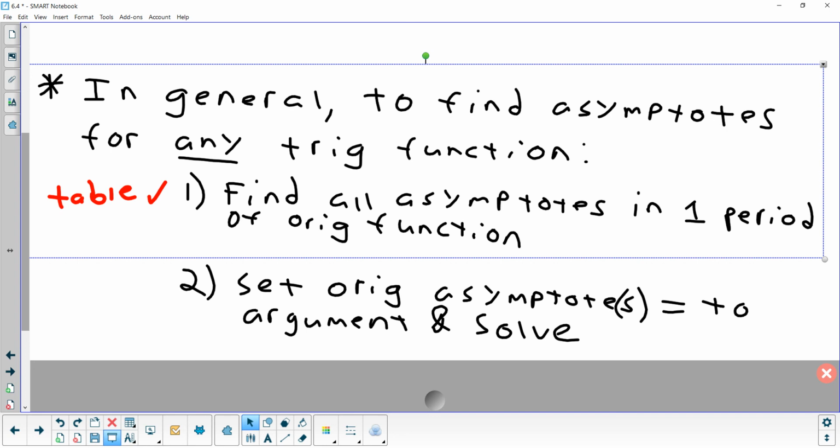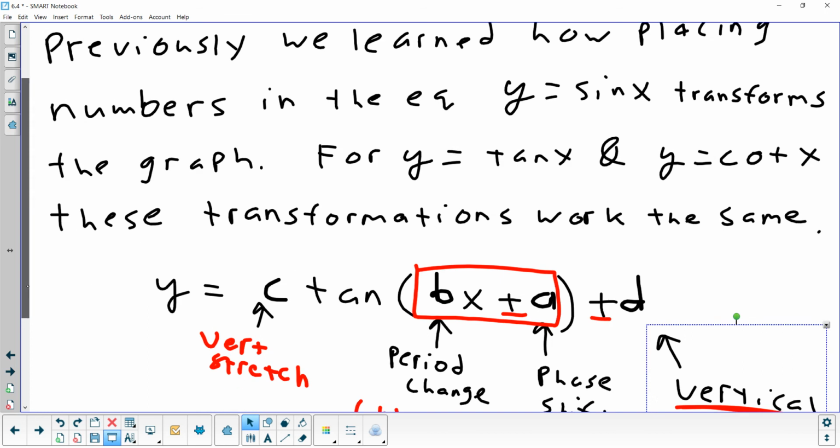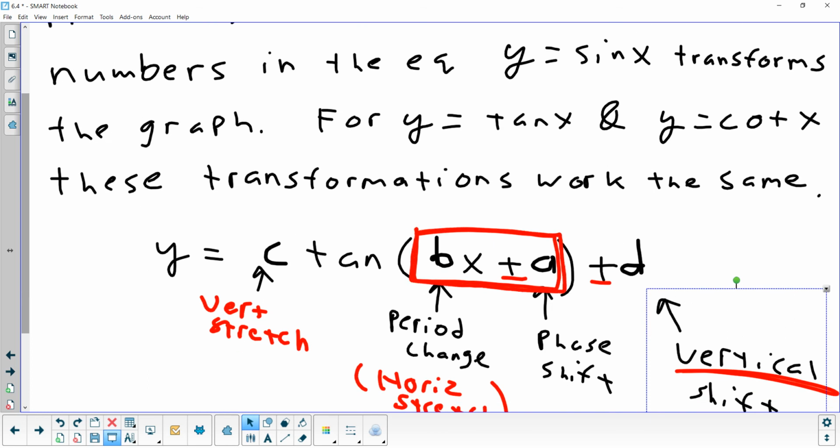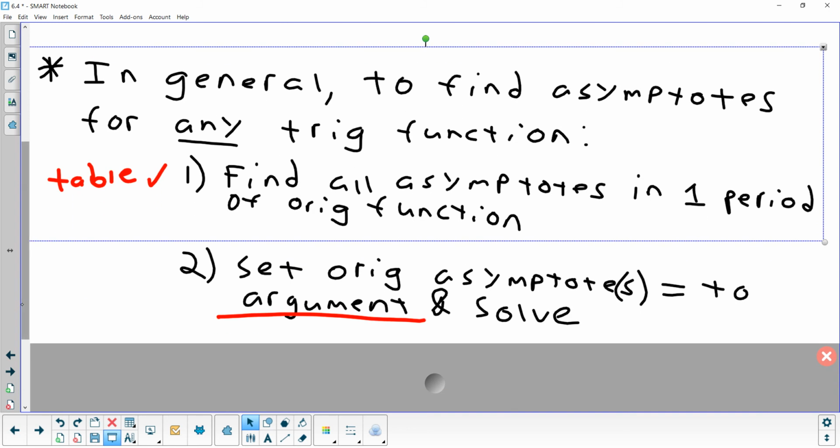Step 2, set that asymptote that you found in the table equal to the argument. What's the argument? This part in the red box. That's the argument. So set the original asymptotes equal to the argument and solve.